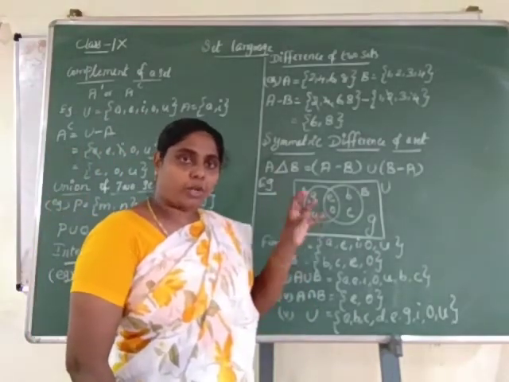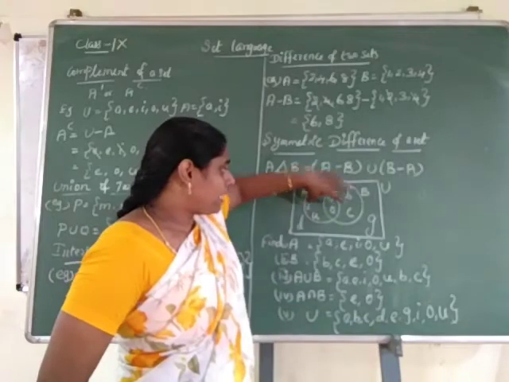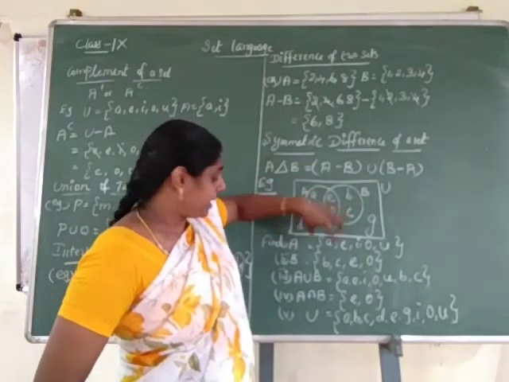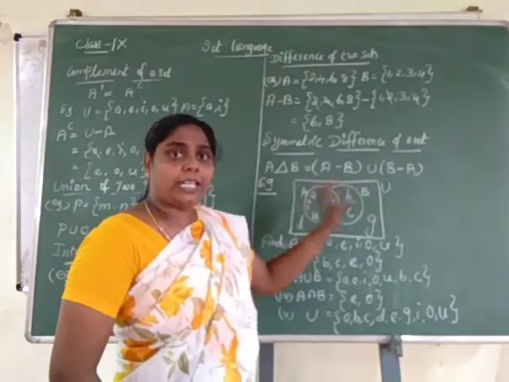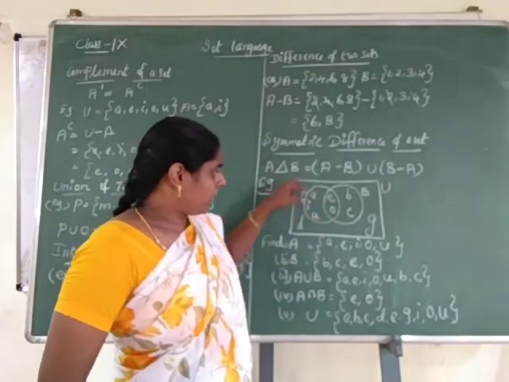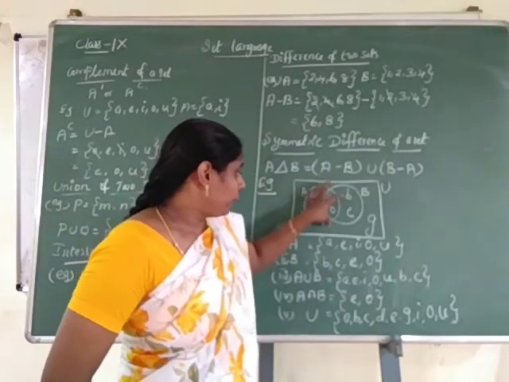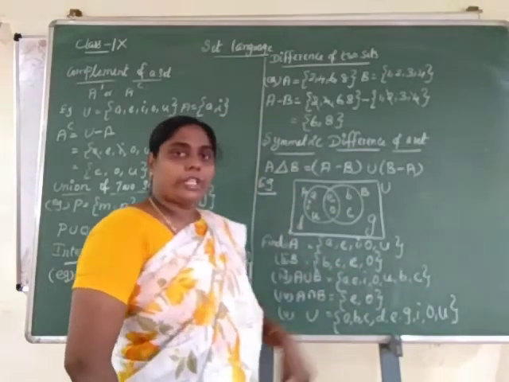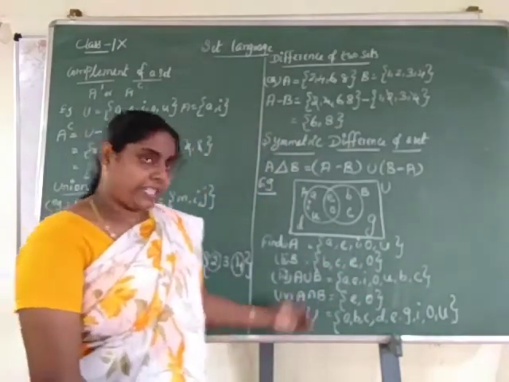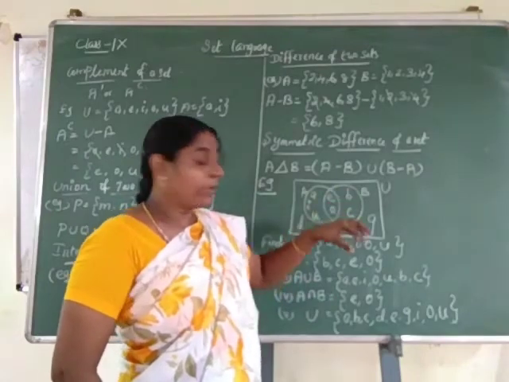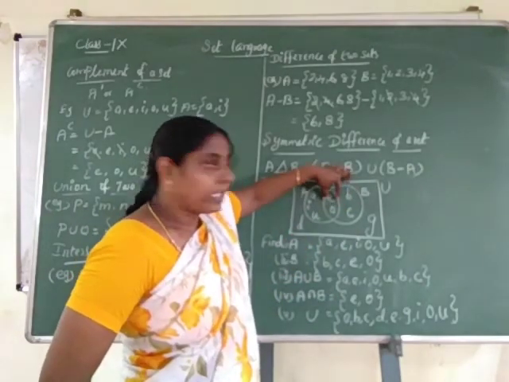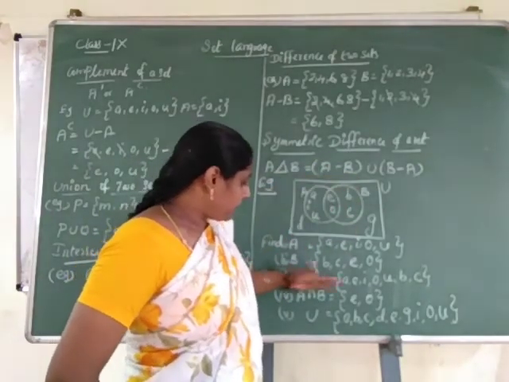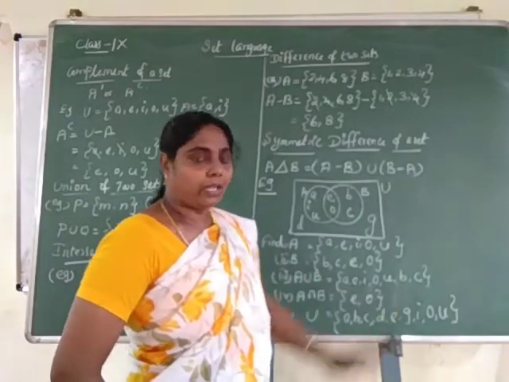We have to combine both A and B, so write the elements present in both circles combined: a e i o u from set A and b and c from B, so overall A union B. Next, A intersection B. We said intersection is the common value. The common values are e and o, so A intersection B is equal to e comma o.